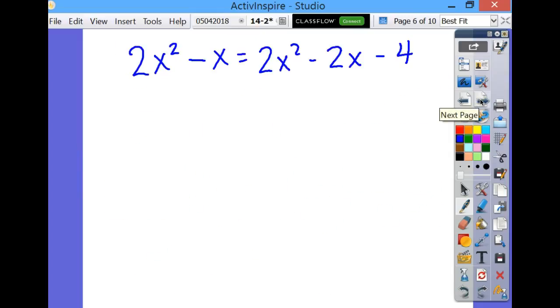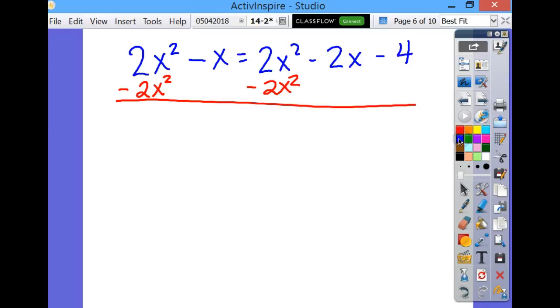So did I get all my signs correct when I put it over onto my next page? Okay, now I do have some x squared here, and so I need to get everything combined, but what happens when I do that? That cancels out.